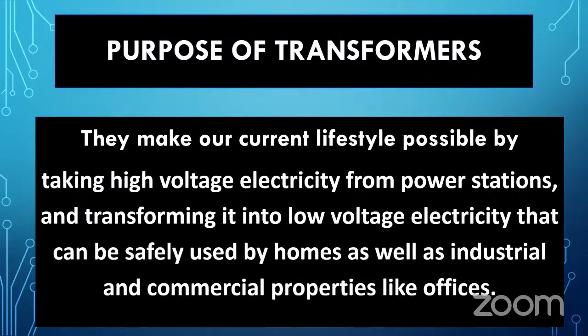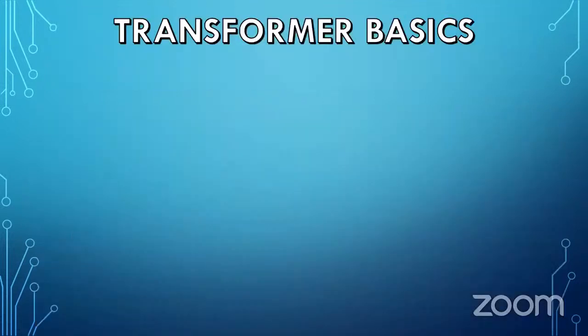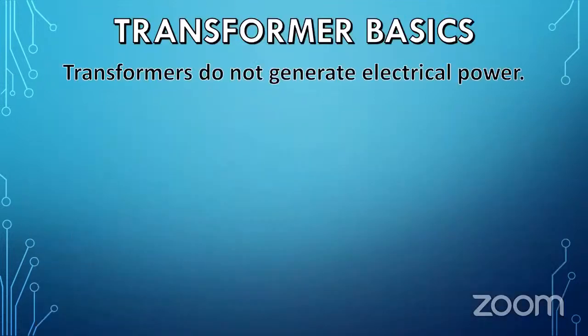Transformers make our current lifestyle possible by taking high voltage electricity from power stations and transforming it into low voltage electricity that can be safely used by homes as well as industrial and commercial properties like offices. Transformer basics. They do not generate electrical power.